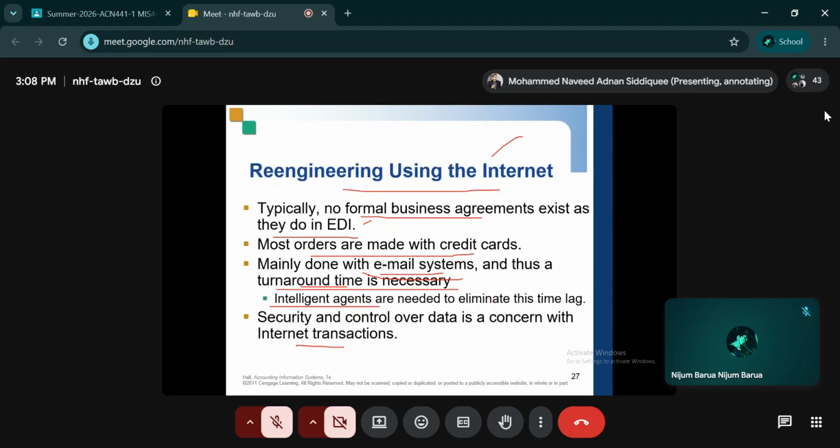Because of the vulnerabilities of using unprotected networks. So this needs to be very carefully evaluated before you send any sensitive information and perform any sensitive transactions. The security protocols need to be properly checked. Any questions?